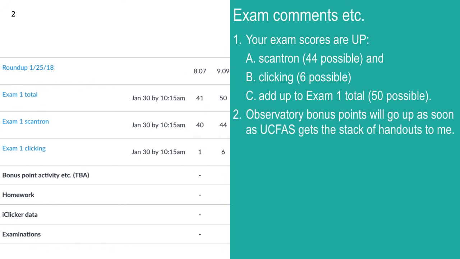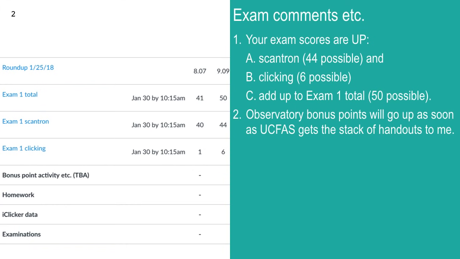Speaking of bonus points, the observatory bonus points. I know everybody's wondering about them. Raise your hand if you went last night. Nice. We're going to have an iClicker question about that in just a second. They will go up in web courses as soon as the UCF Astronomical Society, those guys that run the sessions, get the handouts to me.